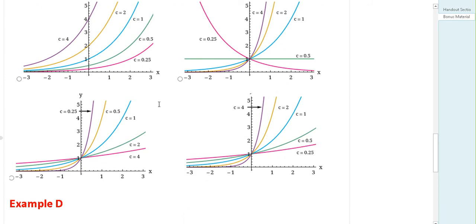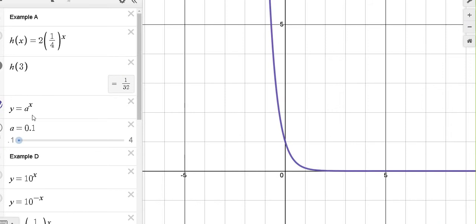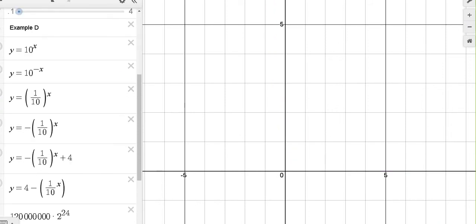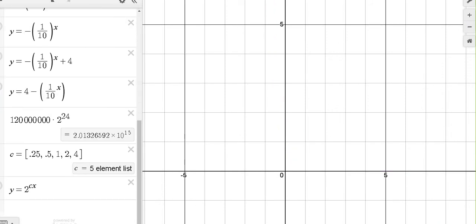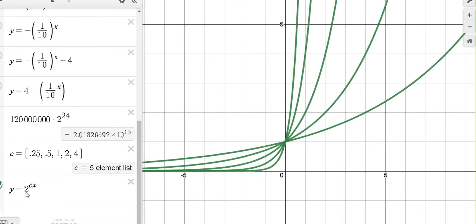Now of the remaining 2, it's just a matter of graphing these things and figuring out which one is which. I did a little wizardry here with Desmos. It's down at the bottom. Here's 2 equals c to the x, and these are your different values of c in the square brackets separated by commas.